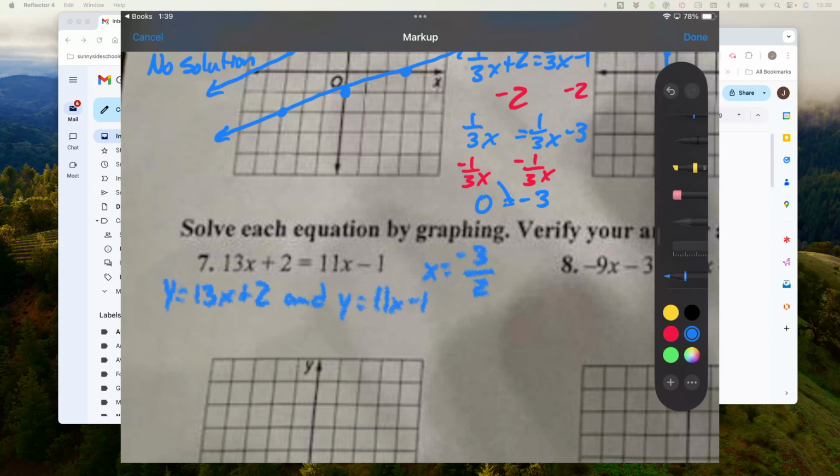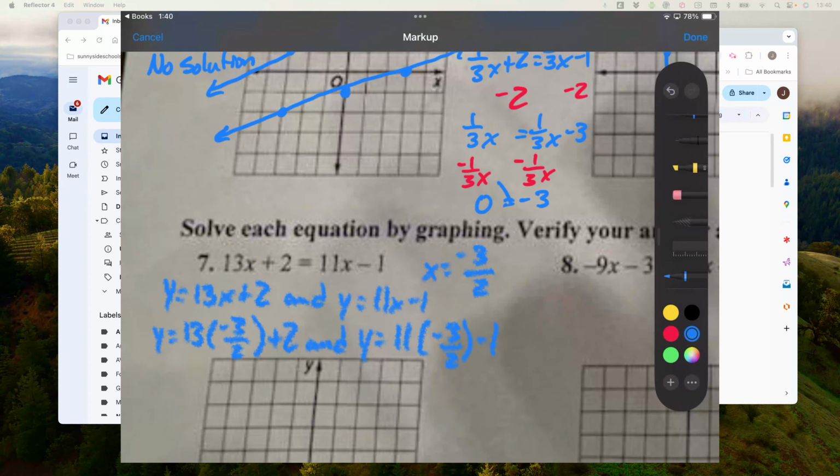If we were to substitute negative 3 over 2 in there for x, what we would end up with is negative 39 over 2 plus 2 would be negative, that's weird, let me get the calculator and do a little bit of work there because I don't want to mess with fractions.